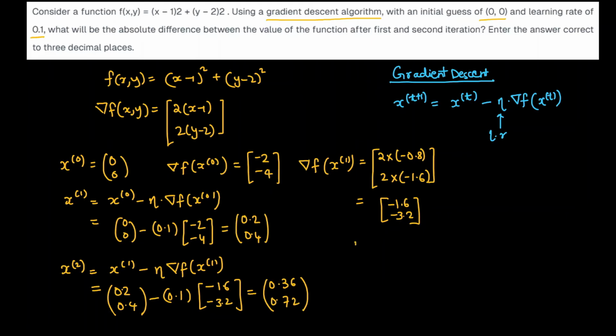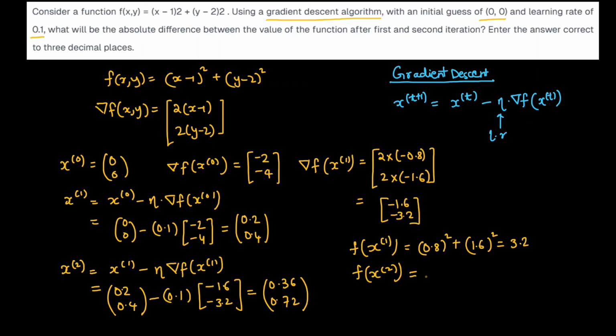Now we need to evaluate the function at x1 and at x2. So at x1 it would be 0.8 squared plus 1.6 squared. This will be 3.2.